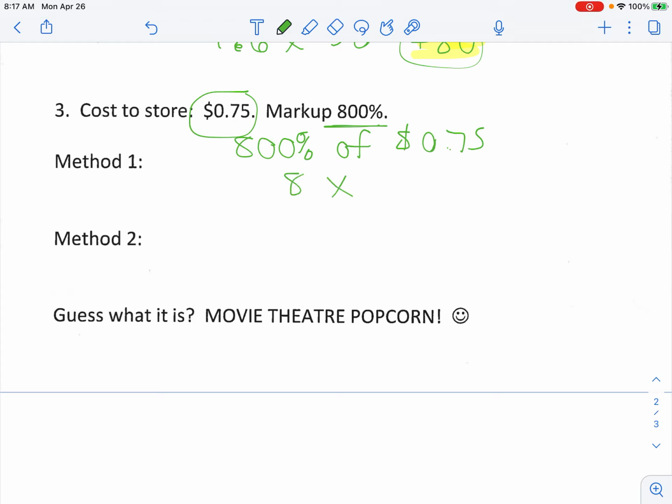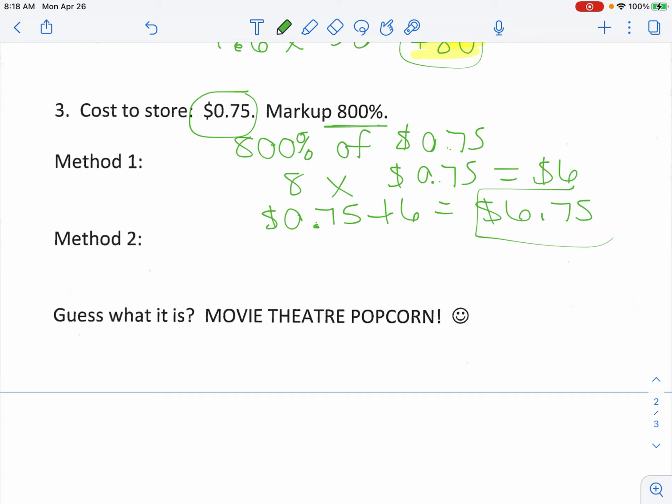Of means times, 75 cents is $6. So they're going to charge you the 75 cents that they paid for the product plus an additional $6. So you're going to pay $6.75 for that product.